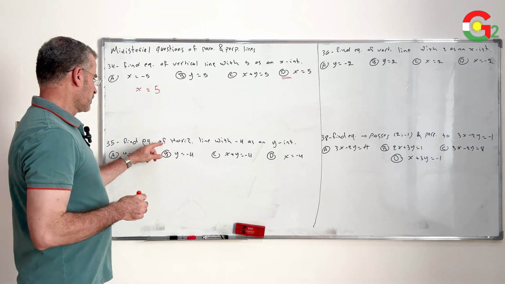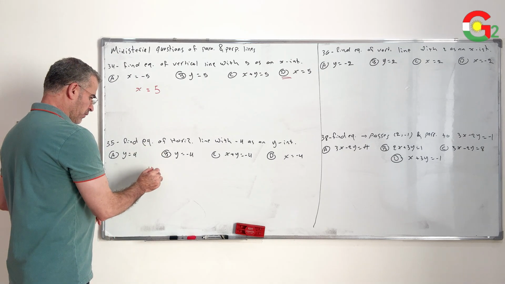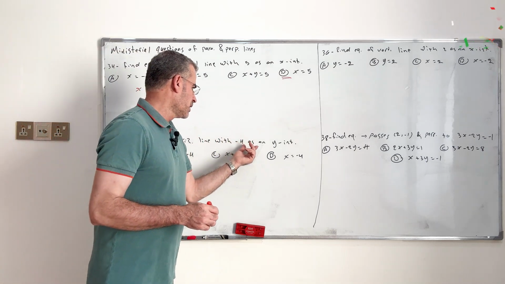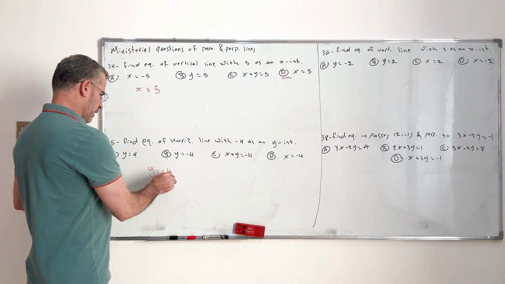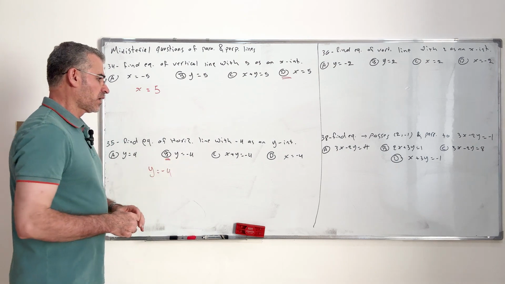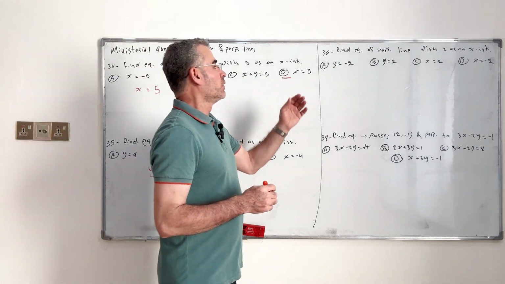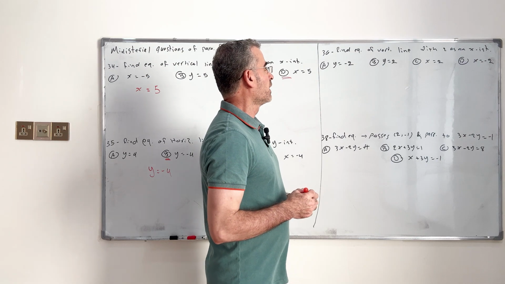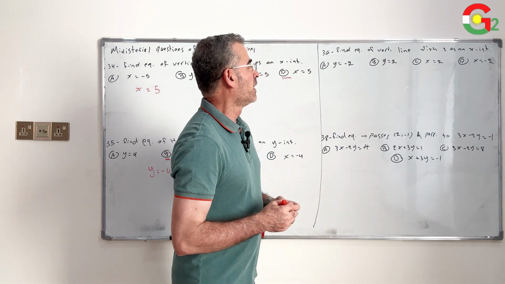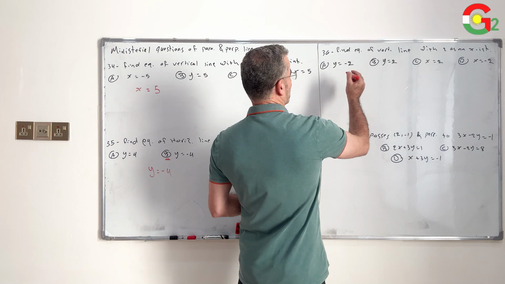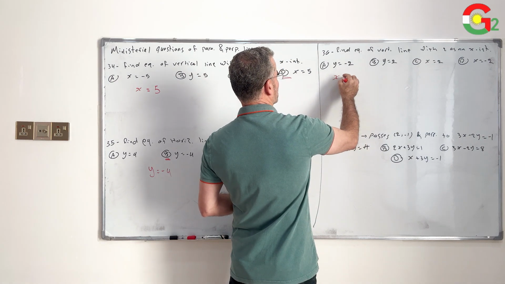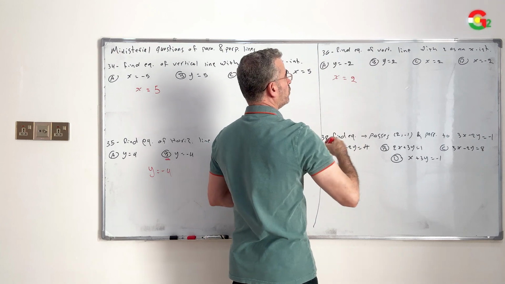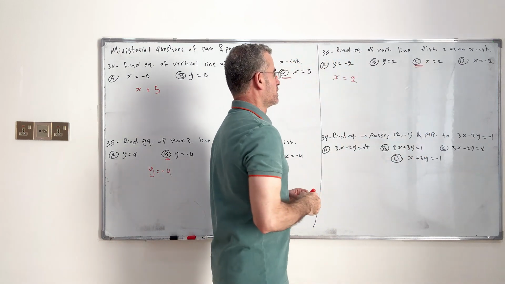Since it is a horizontal line, the equation is y = a number, which is the y-intercept. Y = -4 is the right choice. Question number 36. Find the equation of the vertical line with 2 as the x-intercept. Vertical line, its equation is x = the intercept point. x = 2 is the right choice.